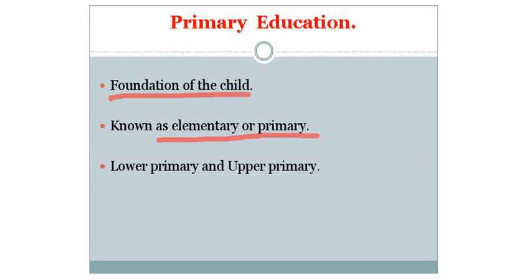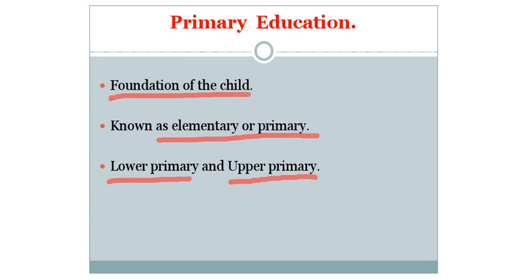There are two stages of elementary education: lower primary and upper primary. The three classes, that is first primary, second primary, and third primary, are related to the first stage, that is lower primary, whereas classes fourth primary and fifth primary are concerned with the upper stage of primary education.